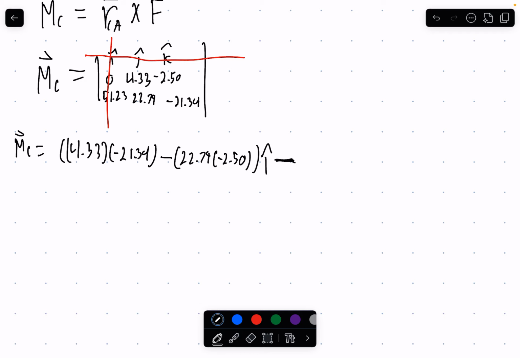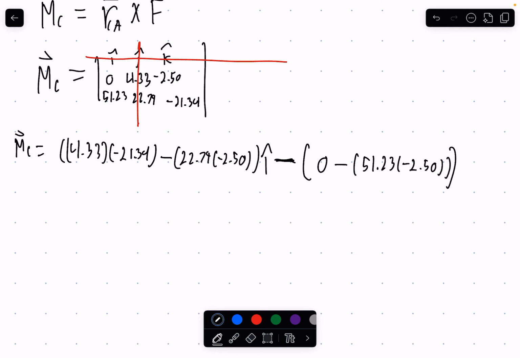Okay. I'm going to start with the negative j direction. Cross out our row and our column. We know 0 multiplied by anything is going to be 0. So we're going to start with the 0 right there. It's going to be subtracted by 51.23 times negative 2.5. Okay, and that's all going to be in the j hat direction right there.